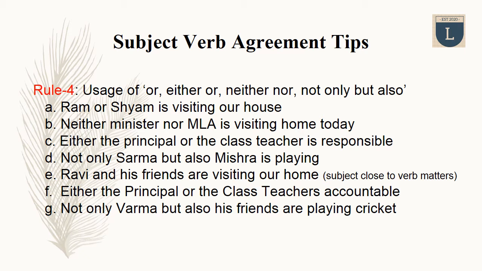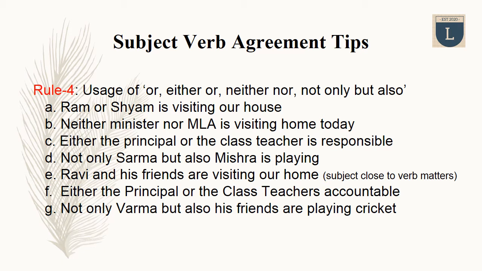Rule number 4: usage of or, either or, neither nor, not only but also. Example: Ram or Shyam is visiting our house. Either Ram or Shyam is visiting our house. So it's a singular verb. Neither minister nor MLA is visiting home today.